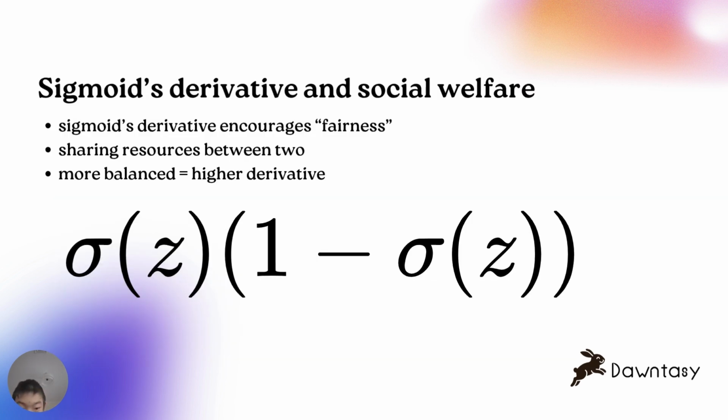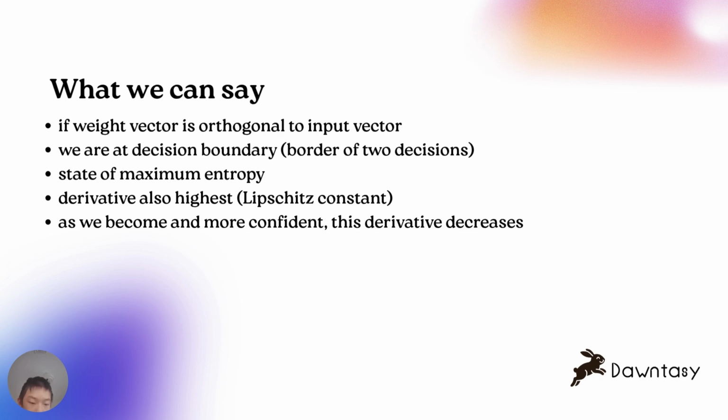As we just discussed by analyzing sigmoid's derivative, at this point the derivative is also the highest, and so it's like the most change. This is called its Lipschitz constant. As we become more and more confident, as those probabilities go towards 1 or go towards 0, then the derivative decreases because we're becoming increasingly more sure about our decision.